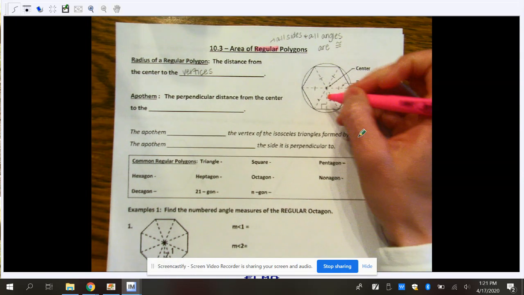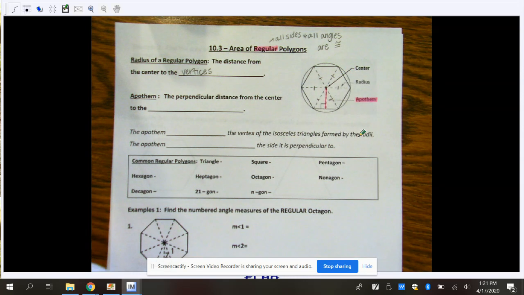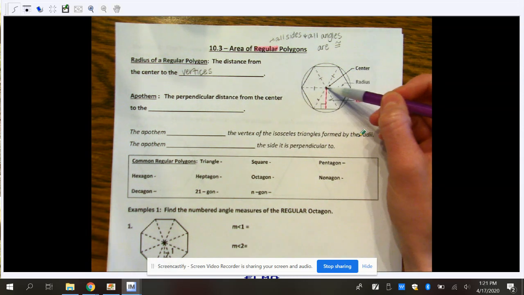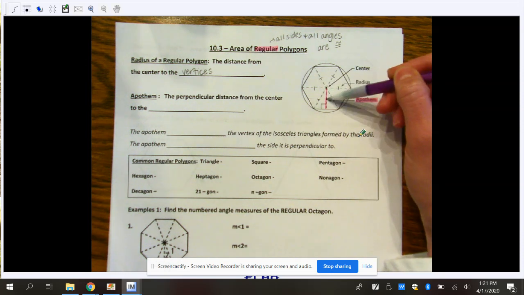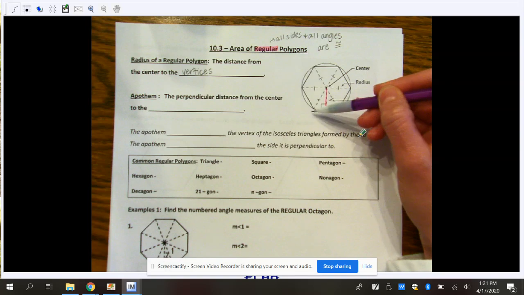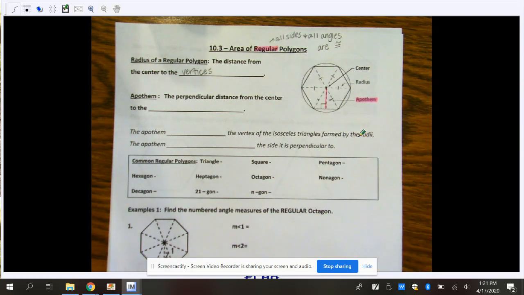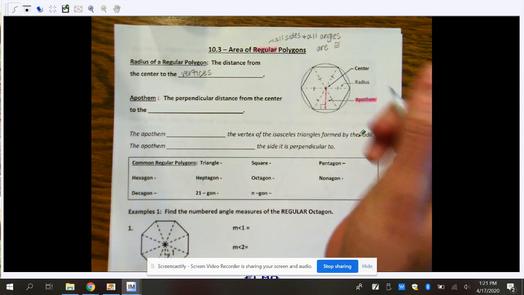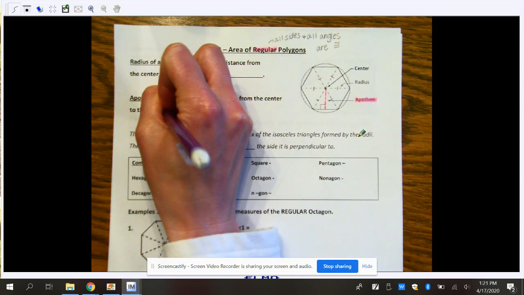All right, and so the apothem is this segment right here. So you still are starting at the center, but you're not going to the vertex. You're going halfway between two consecutive vertices. Okay, so it'd be the perpendicular distance from the center to the side.